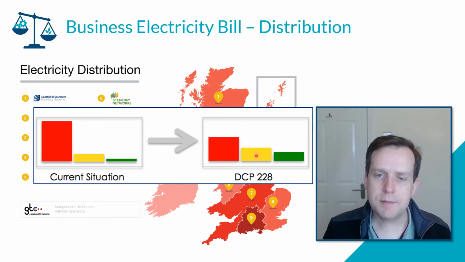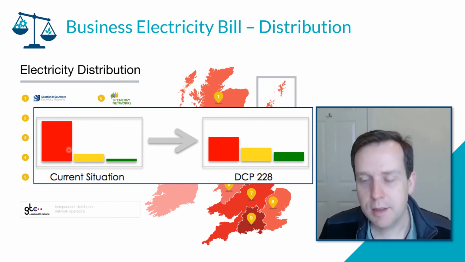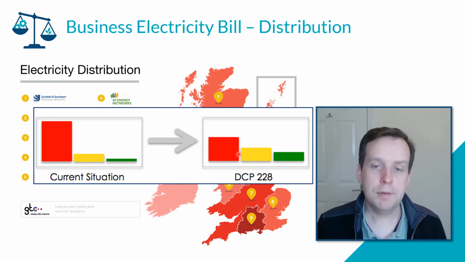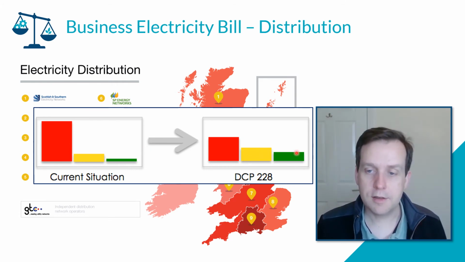Now this may already be in place, but what they have required to be done is to level up the charging across the red, amber and green periods.